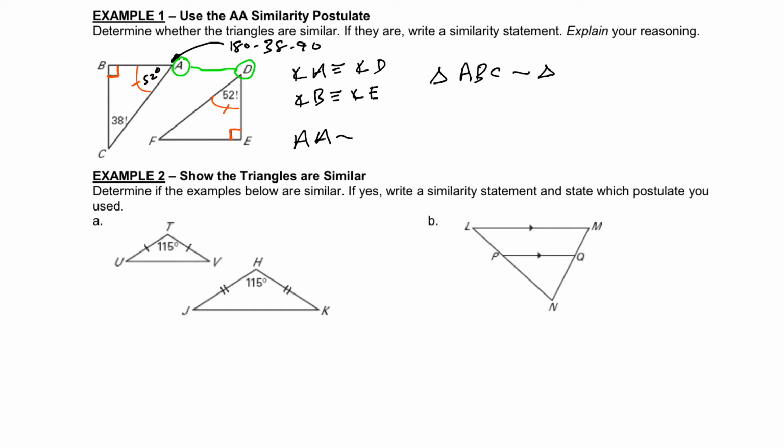So if I have letter A first on the left side of my similarity statement, angle A corresponds with angle D, so that letter has to go first. And then we can see that the 90-degree angles correspond with each other, so angle B corresponds with angle E. And that just leaves us angle F. So there we have our similarity statement.